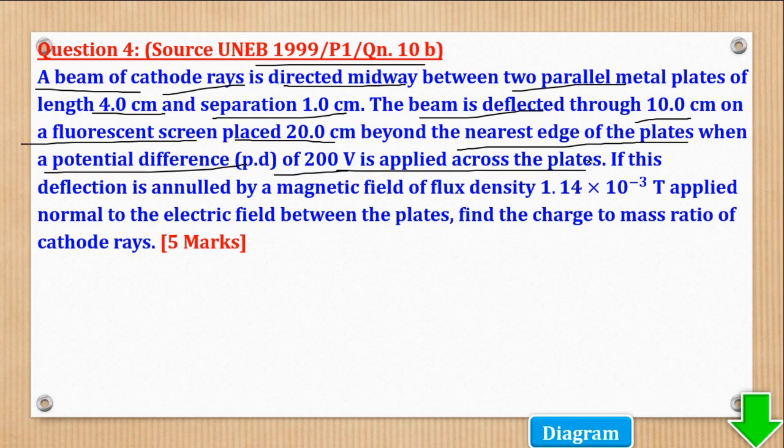So this deflection is when there is only electric field. Okay. Then they said if this deflection is annulled, annulled means there is now no deflection, annulled by a magnetic field of flux density this Tesla, applied normal means perpendicular to the electric field between the plates, find the charge to mass ratio of the cathode rays.